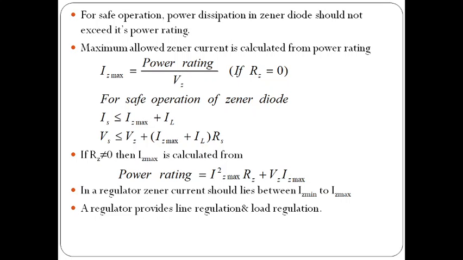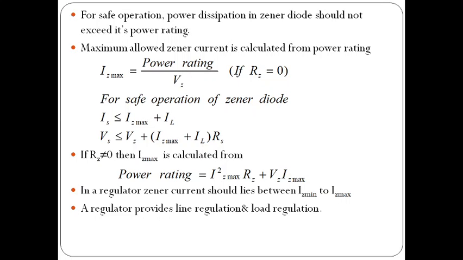So the maximum allowed zener current is calculated from the power rating: Iz max equals power rating divided by Vz, considering the resistance of the zener diode as 0. For safe operation of the zener diode, Is is less than or equal to Iz max plus IL. Similarly, Vs is less than or equal to Vz plus (Iz max plus IL) times Rs.